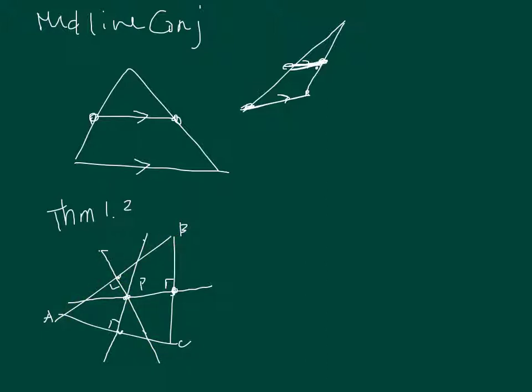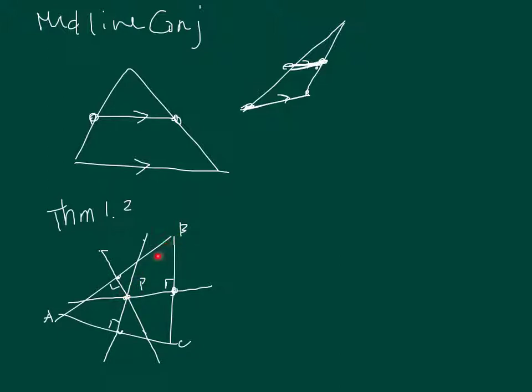And also, the lengths AP and CP are the same, because P is on the perpendicular bisector of AC. Because of the transitive property, if BP is the same as AP and AP is the same as CP, therefore CP is the same as BP.